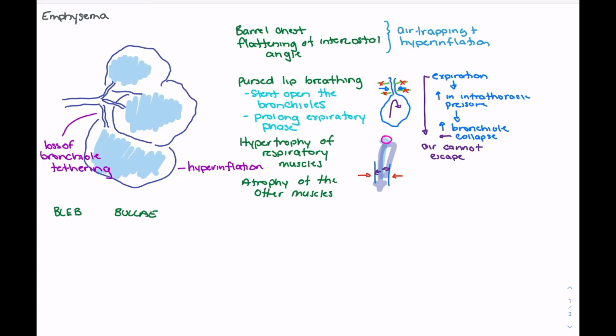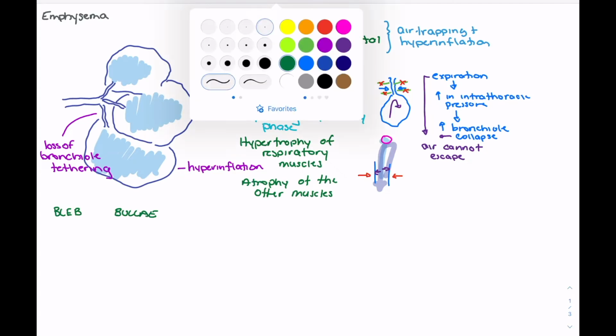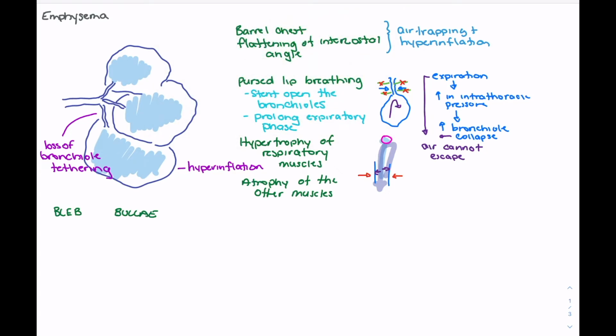Basically, these are just different terms for pockets of air that form on the lung tissue. So if we picture the lung here, we know that we have hyperinflation. One of the problems is as the alveoli start to become damaged, we see destruction of some of the alveolar walls, which can allow air pockets to form.